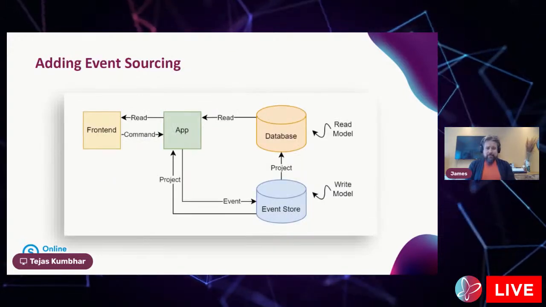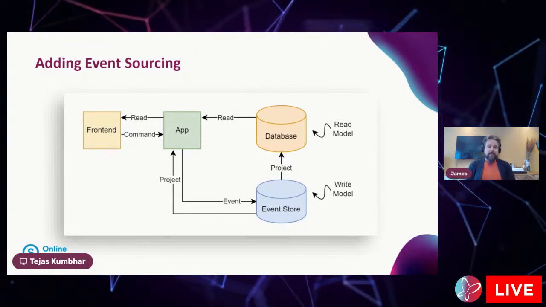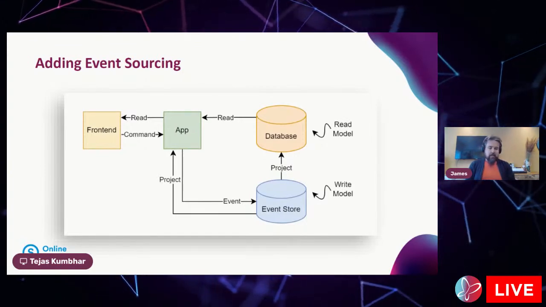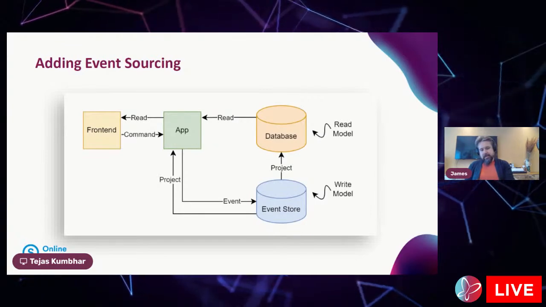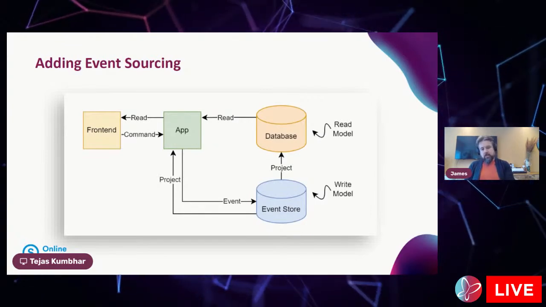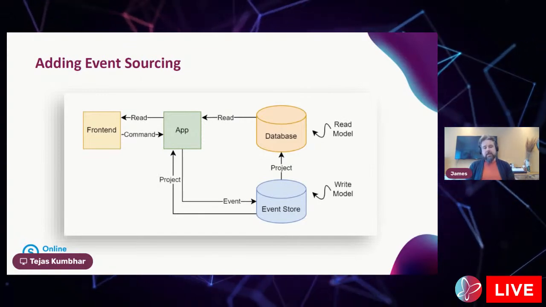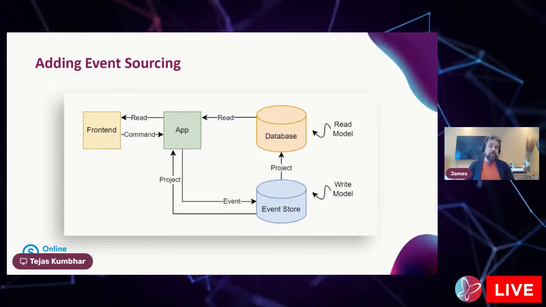If we were to take that and then add in event sourcing, what event sourcing adds is this idea of, instead of updating the state directly, you're storing the updates and then projecting those updates in order to be able to infer state from those events.